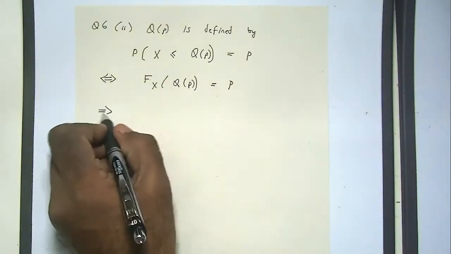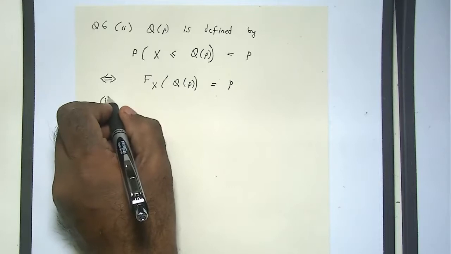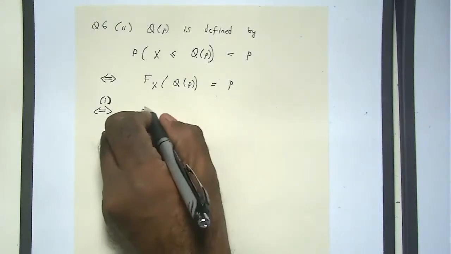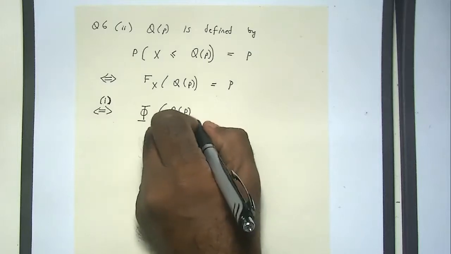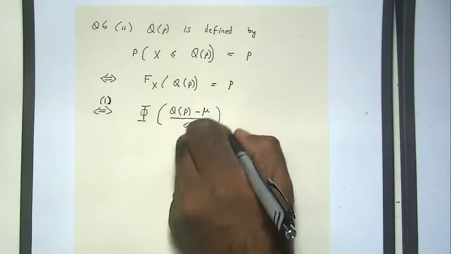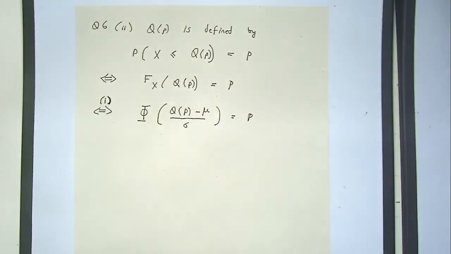Now from part 1, we know that this we can write as capital phi. That's from part 1 of the same question, right?